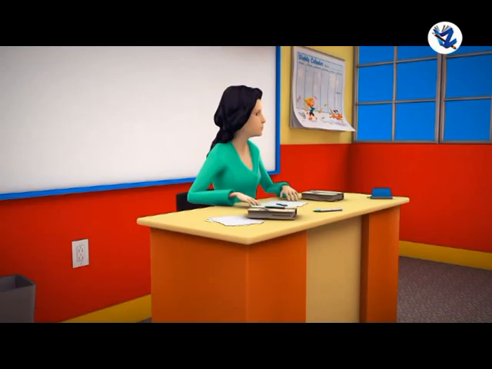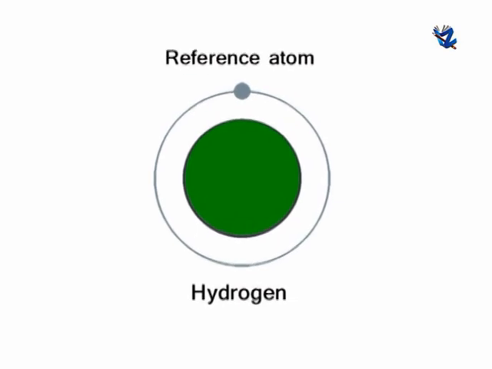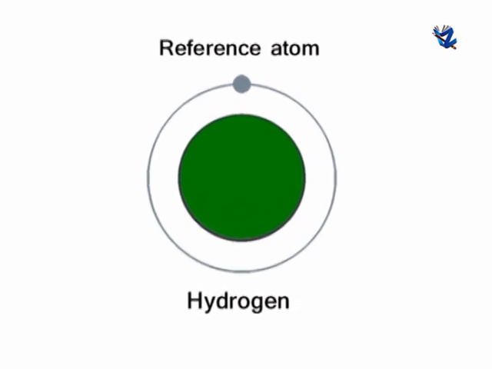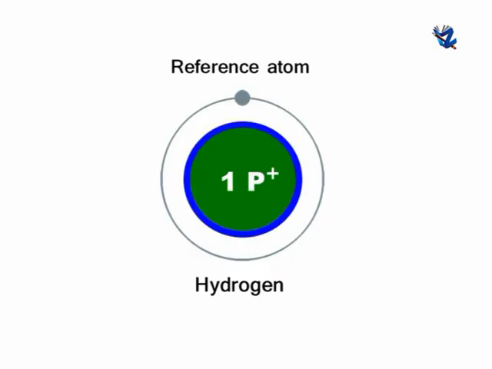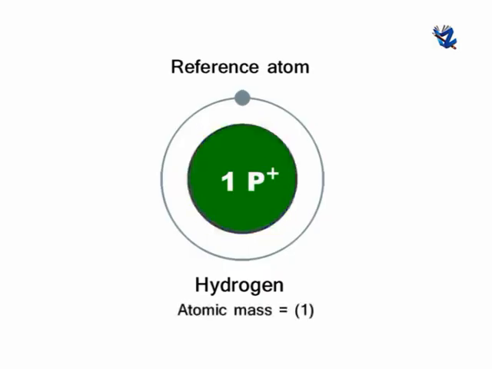A reference atom was required for expressing the relative mass of an atom. The hydrogen atom, being the lightest, was initially chosen as the reference atom. The relative mass of a hydrogen atom, which has only one proton in its nucleus, was accepted as 1.